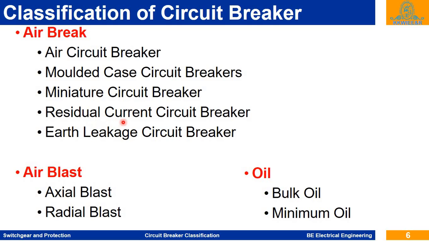So these RCCB and ELCB, they are used for the protection of the devices from the earth leakages. This MCB and MCCB, they are used to protect the devices from overload condition and the short circuit condition. Air blast circuit breaker, again it has the protective devices like earth leakage release that we can use, under voltage release, overload and short circuit thermal release.